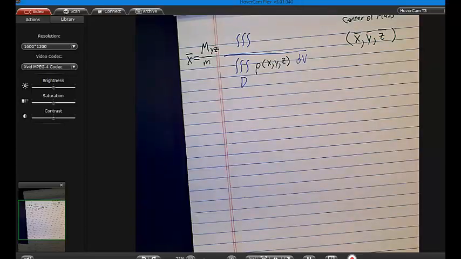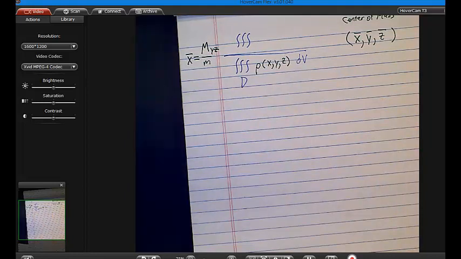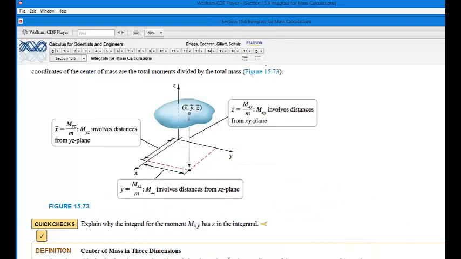Maybe you can answer this. Do you know what my integral is going to look like in the numerator of this as I compute x bar? Yeah, since the moment of xy is distances from the xy plane, it actually means you're moving in the z direction.